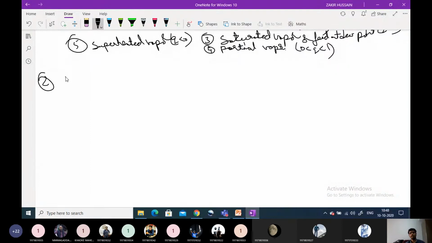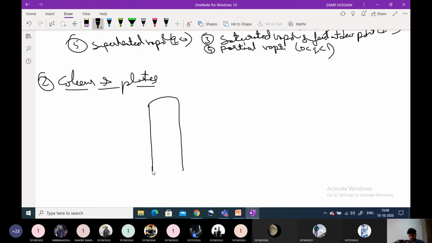The next parameter is column and plates. Depending on the column diameter, our efficiency will vary. Large column diameters are preferable. Column diameter we will neglect for now; the plates we will see in detail.